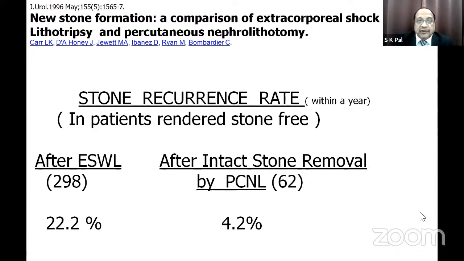All of the stone was removed, whether by ESWL or by PCNL. After 1 year, when the same patients were studied again, the new stone formation or recurrence was 22.2% within a year in the patients who had undergone ESWL, as compared to 4.2% in those who had undergone PCNL.